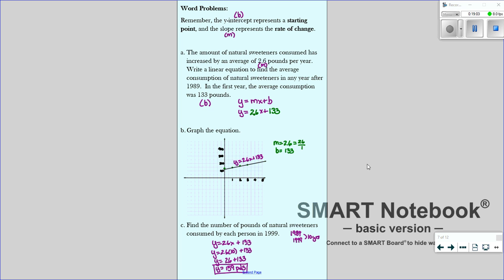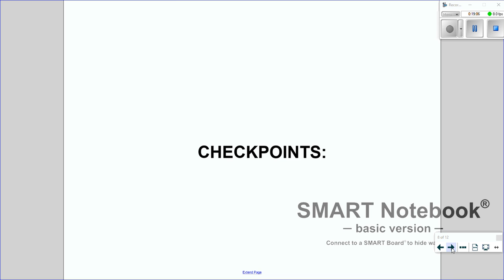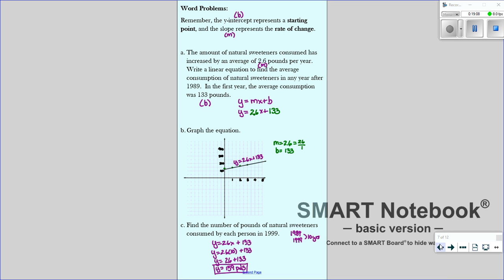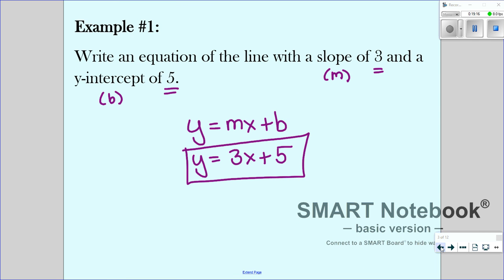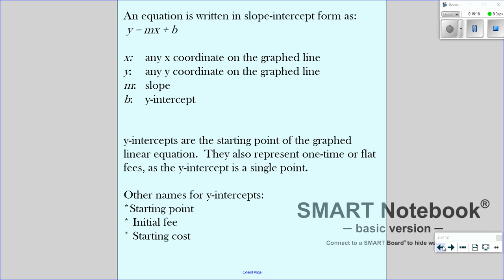So that is everything about slope-intercept form. I'm just going to do a recap. When you hear the word slope-intercept form, that means y equals mx plus b, because you have the slope and the intercept.